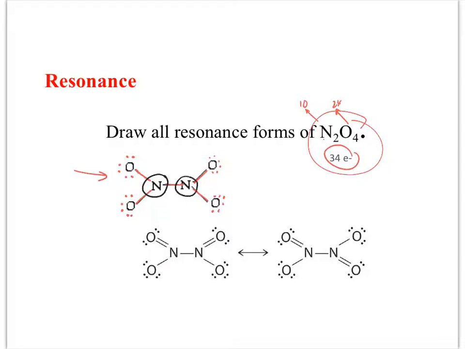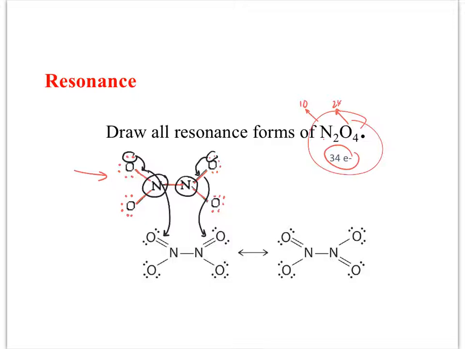This nitrogen only has 6 electrons. So if I've run out of electrons and my center atoms don't have a completed octet, I've got to swing electrons in to make double bonds. So I could put this here and make a double bond, which is what is shown there. I could take these and swing these over and put a double bond here, which is what is shown there.